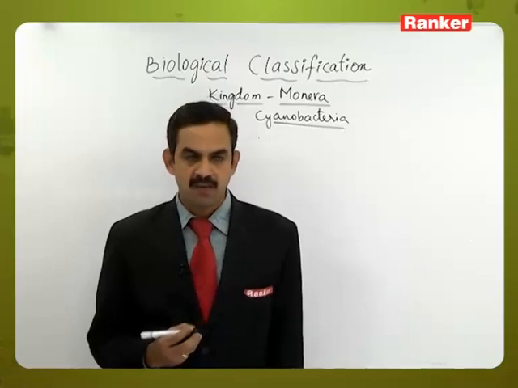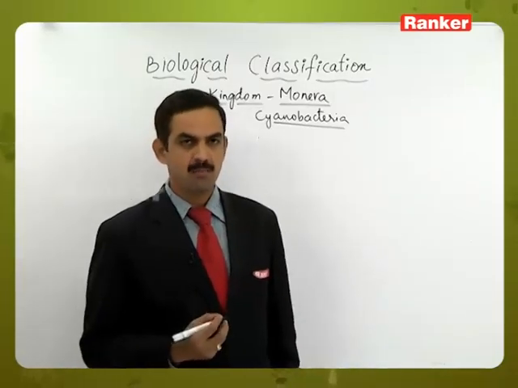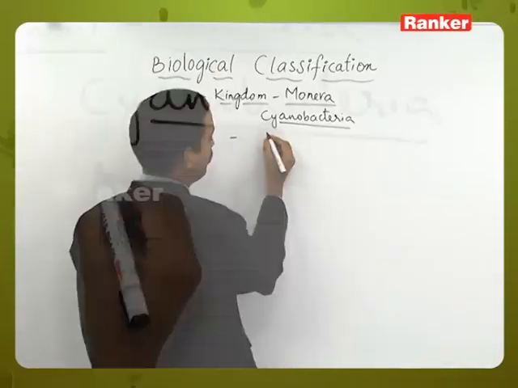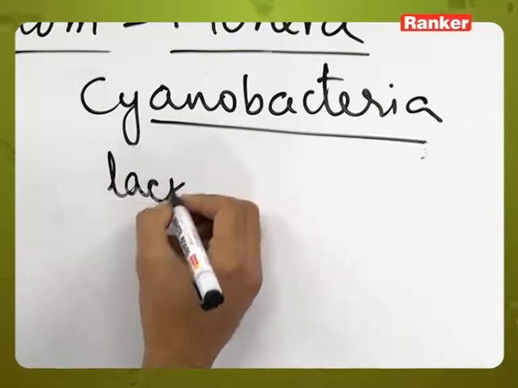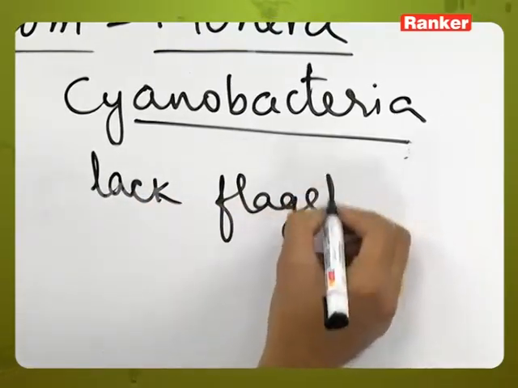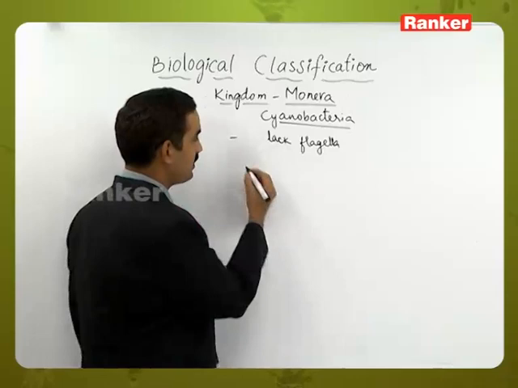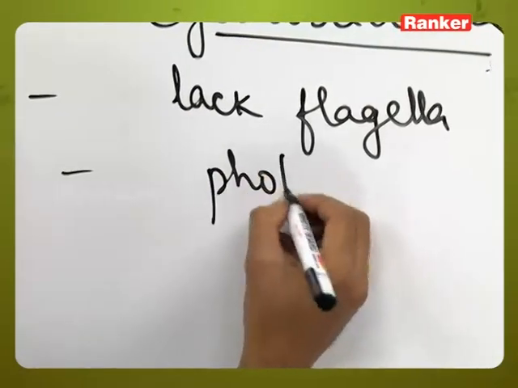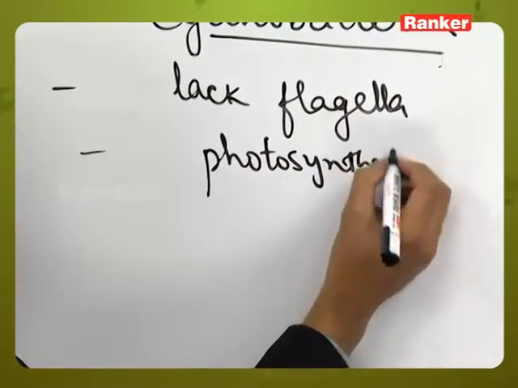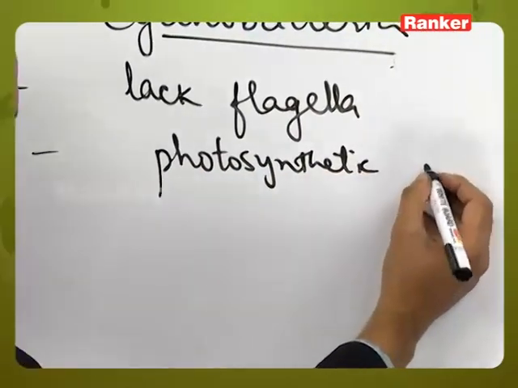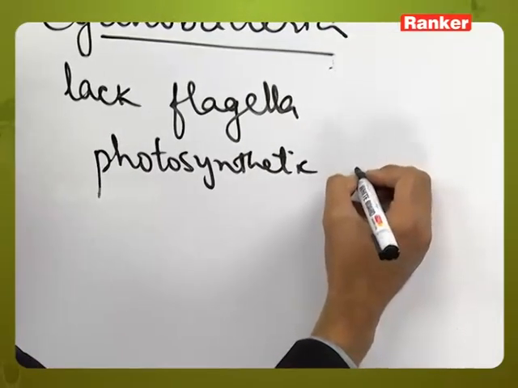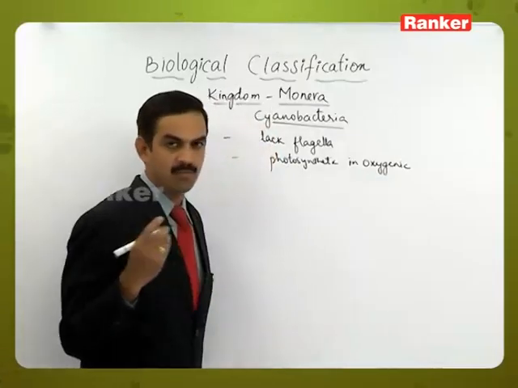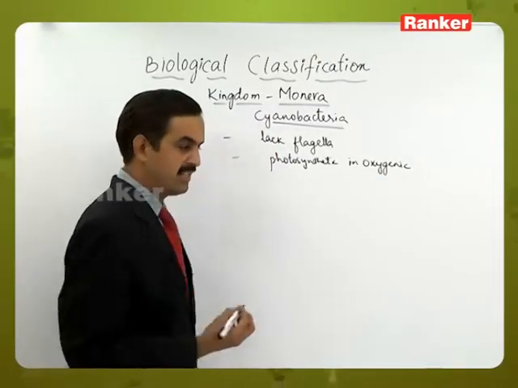The cyanobacteria differ from the eubacterial members by some characteristic features. Let us see how they differ from the eubacteria. The cyanobacteria lack flagella, whereas eubacteria have flagella, which are useful for locomotion. These are photosynthetic in oxygenic condition, whereas bacteria are non-oxygenic in nature.